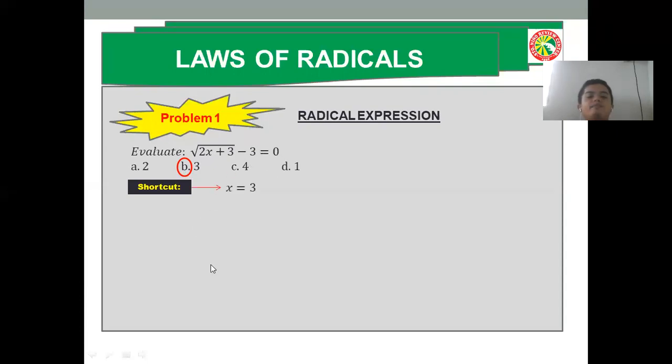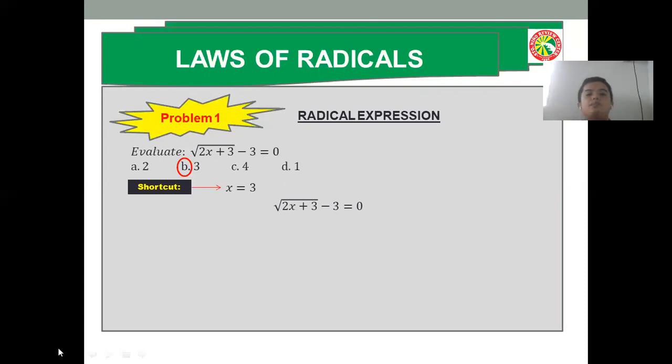So use the choices as your x value, which is equal to 3, and put the value of that choice into the expression.